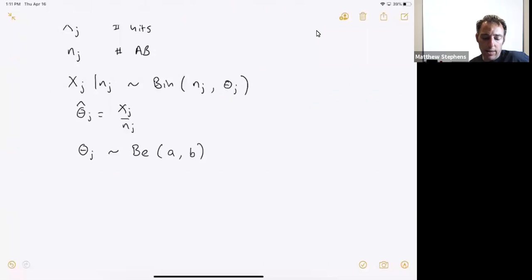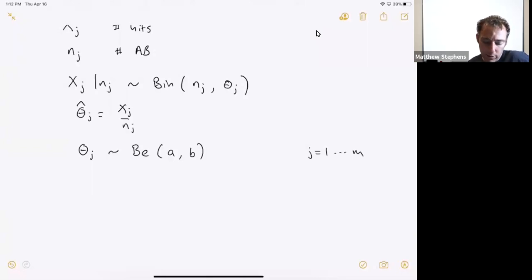Now the key idea behind empirical Bayes is to actually estimate A and B, that is, estimate this prior from the data that we've got. I'm going to assume here that we've got lots of observations, J equals 1 to, I don't know, M maybe, just to avoid N again.